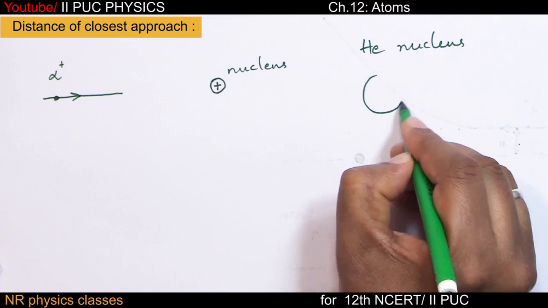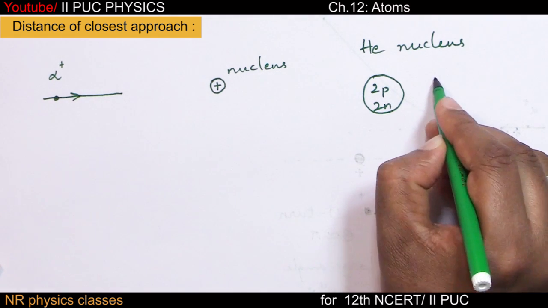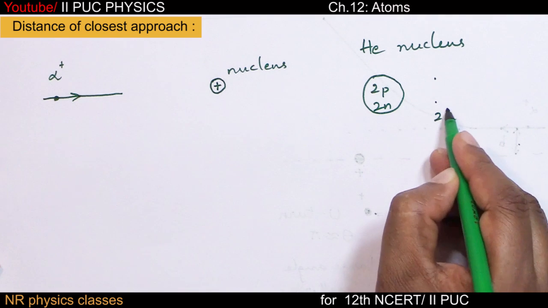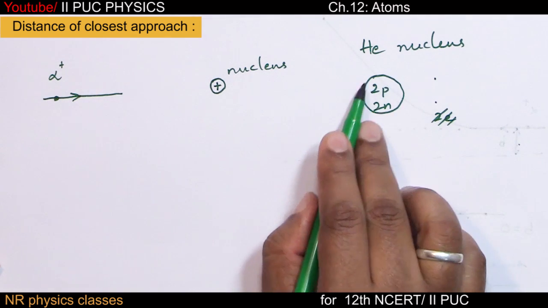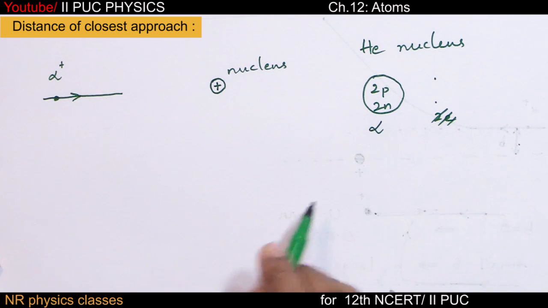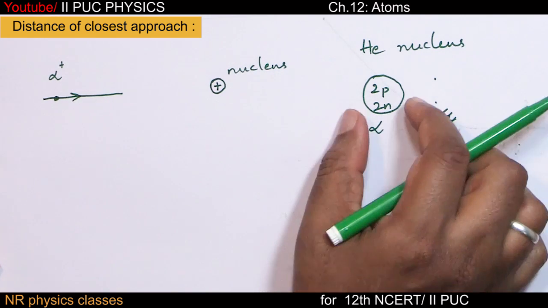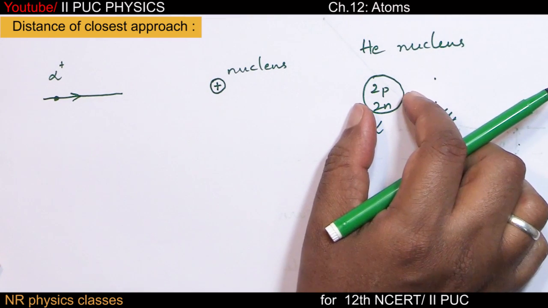Helium has 2 protons, 2 neutrons and 2 electrons. If you remove 2 electrons, then the remaining is the helium nucleus. This helium nucleus is called alpha particle. So protons are positively charged, neutrons are neutral, therefore alpha is also positively charged.